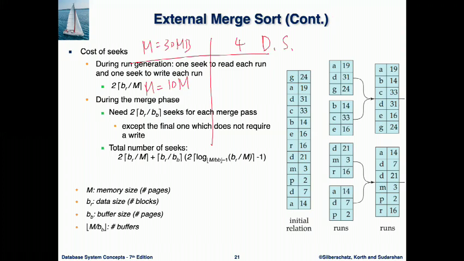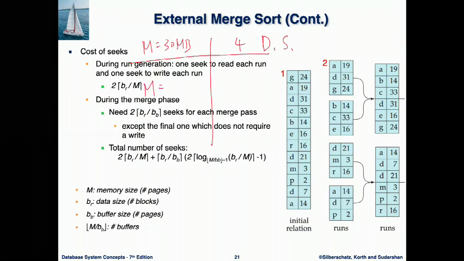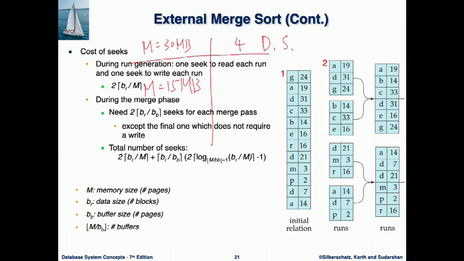Or here, let's do a 4-way merge. Sorry, I changed the example, but let's just say now M is 15 megabytes, and we will be doing a 4-way merge.